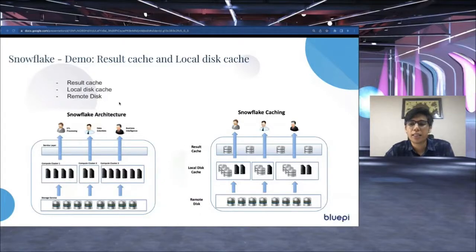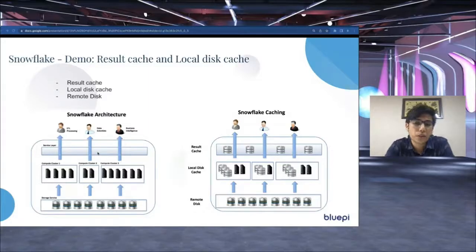So if you fire the same query, the services layer will know that this is the same query, and it will directly give you the results, on the condition that the data has not changed. So if you are accessing a table in the multi-terabyte range, and the query takes around 15 to 20 seconds to run, if you fire the same query, you will get the results in milliseconds.